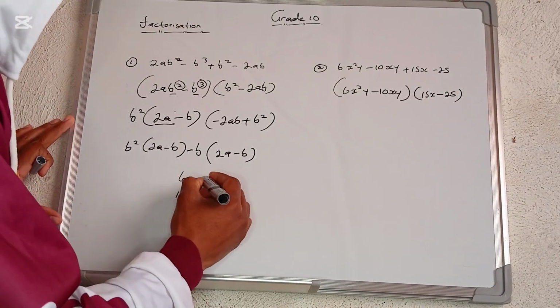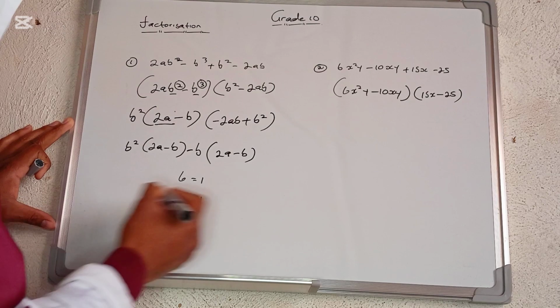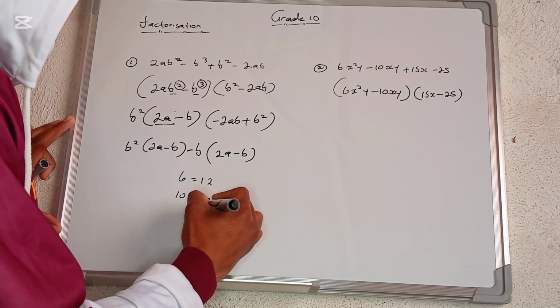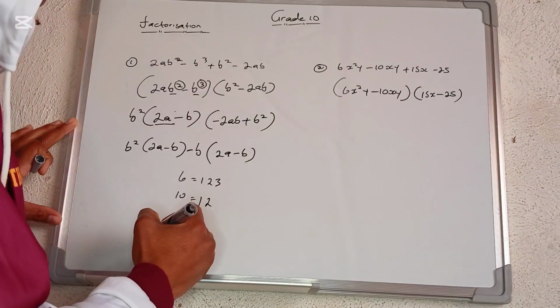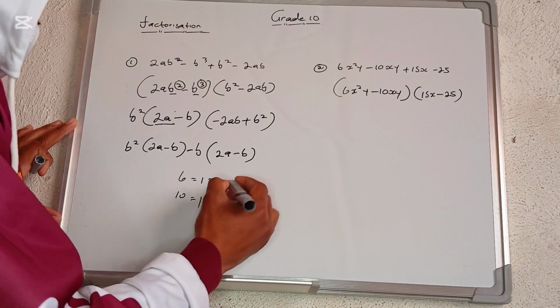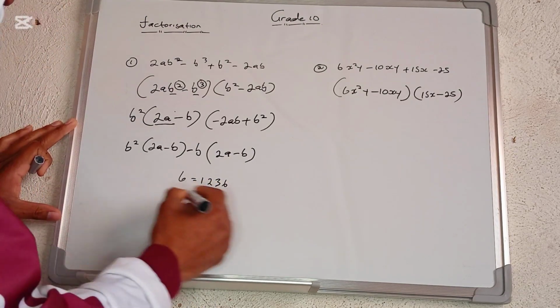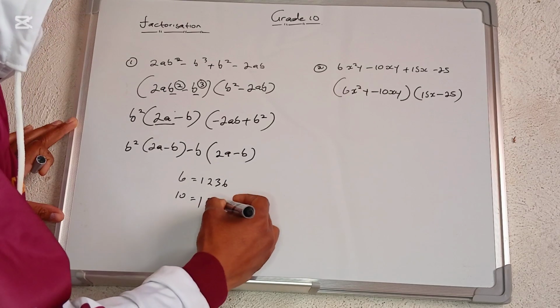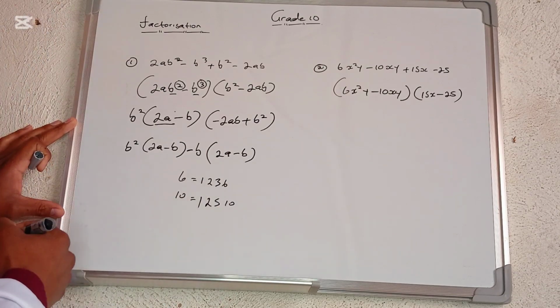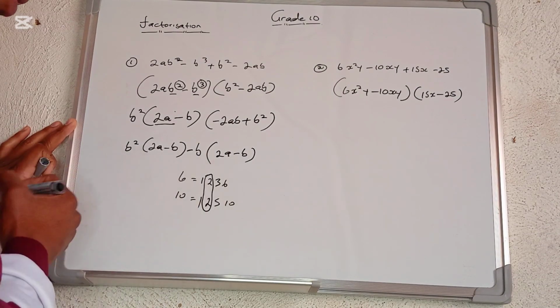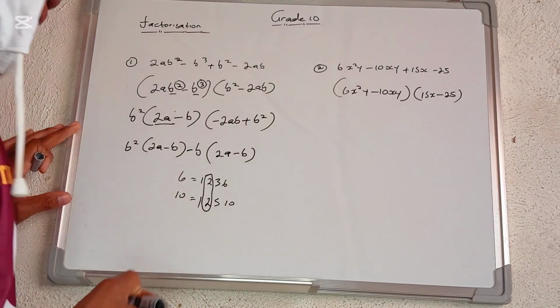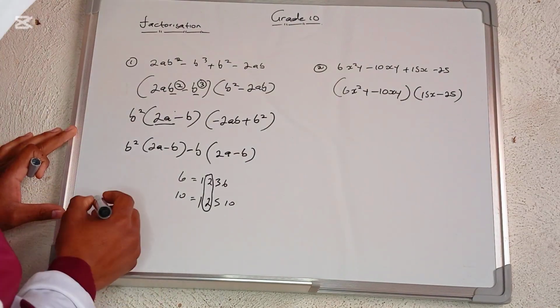We have 2, and on this one we have 3, we have 6. On this one we have 5, then we have 10. So the number that is common here is 2. So we have taken out our common factor here.